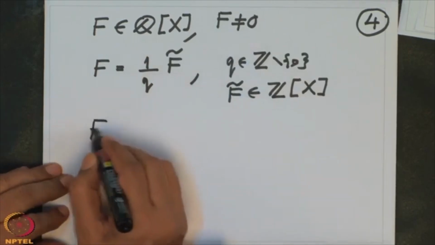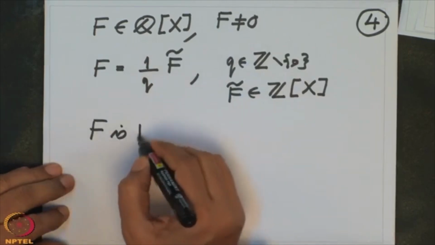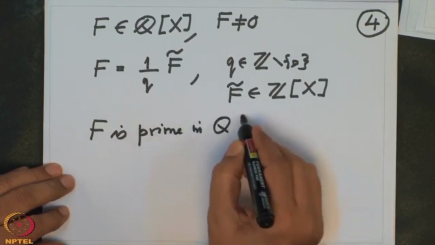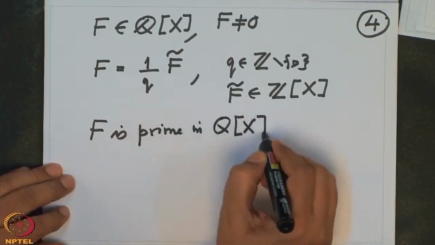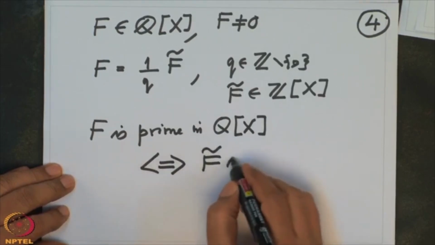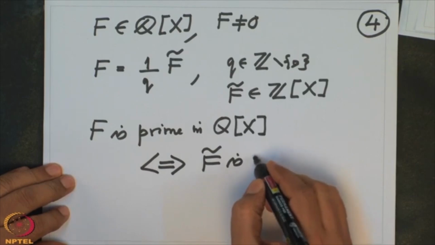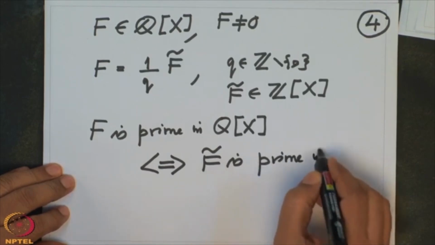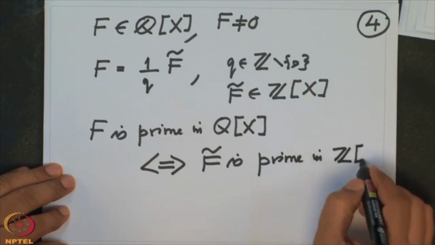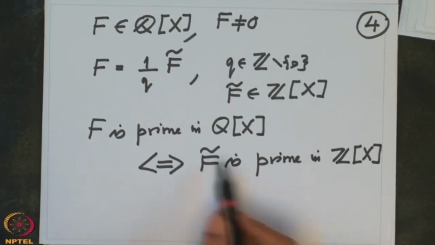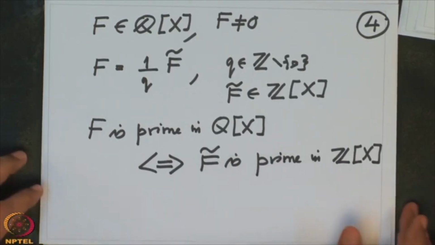So f is prime in Q[x] if and only if f tilde is prime in Z[x], because now f tilde is a polynomial with integer coefficients.